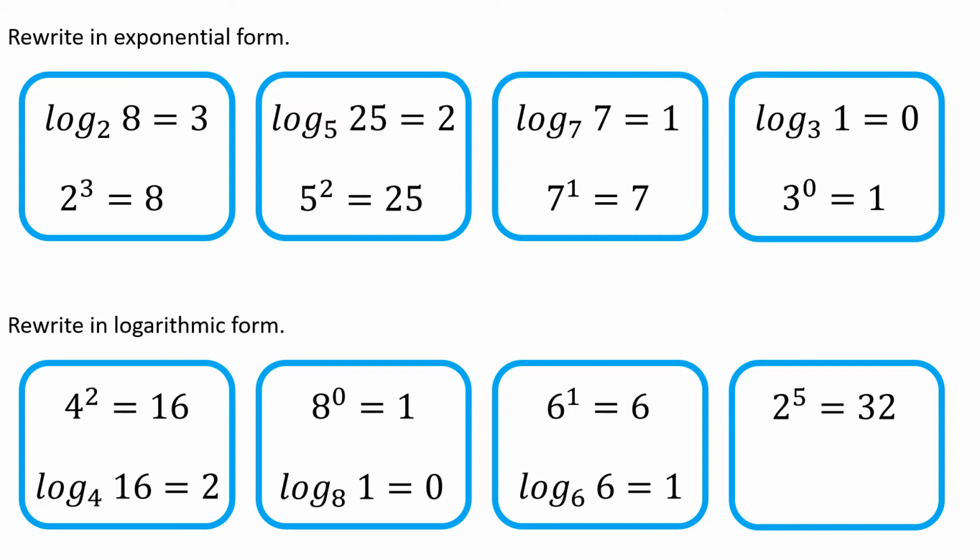Okay, base looks like it is a 2. It's 2 to the fifth power, so the base is 2. So it's log base 2. We ended up with a value of 32, so log base 2 of 32. Exponent is 5, so that has to be off by itself. Log base 2 of 32 equals 5.